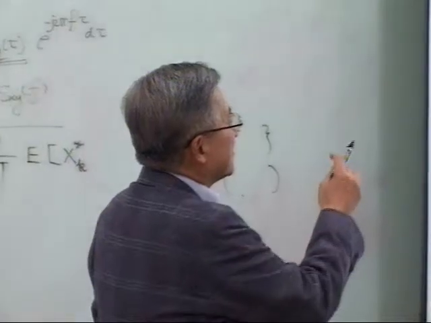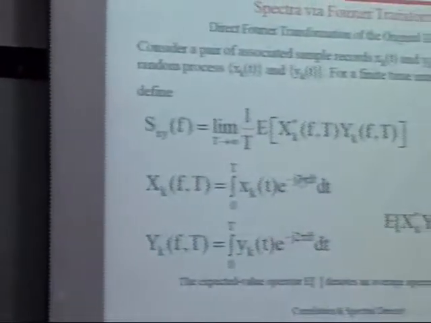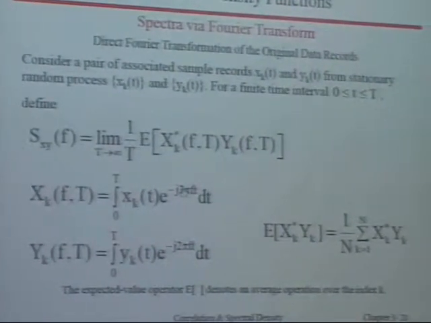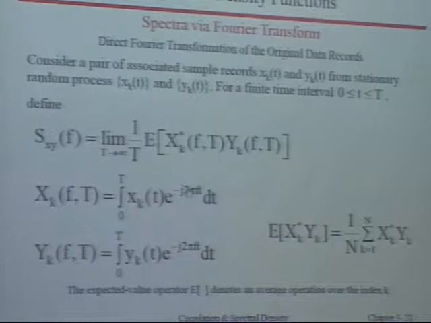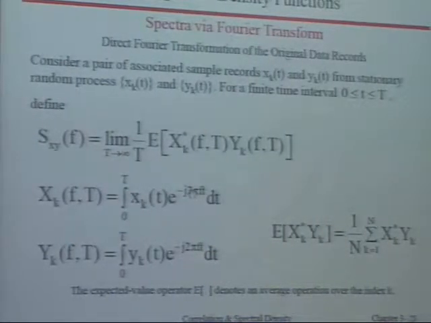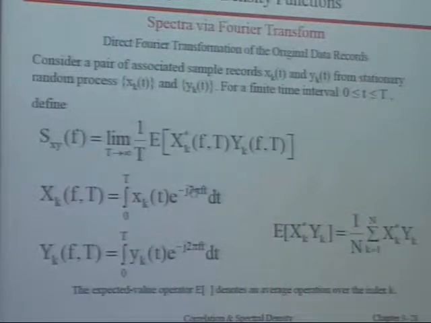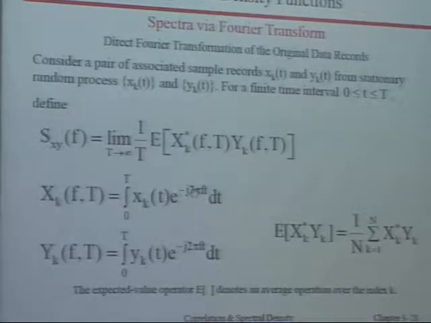So for a finite time interval, 0 to time t, capital T we use as a period, okay? Then when you expand the capital T to infinite, it contains all the record, but never be infinite.